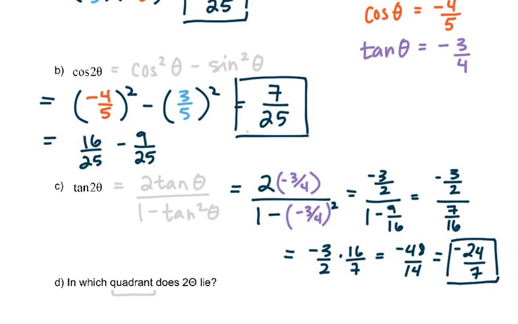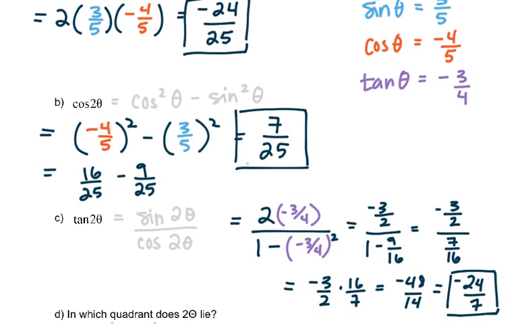So the tangent double angle was considerably more work than the other two to calculate. I want to ask you, do we know a ratio that is equal to tangent? Thinking about your identities, we know that tangent is equal to sine over cosine. So tangent 2 theta is going to equal sine 2 theta over cosine 2 theta.